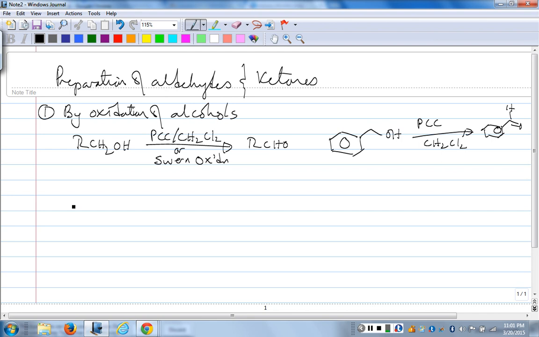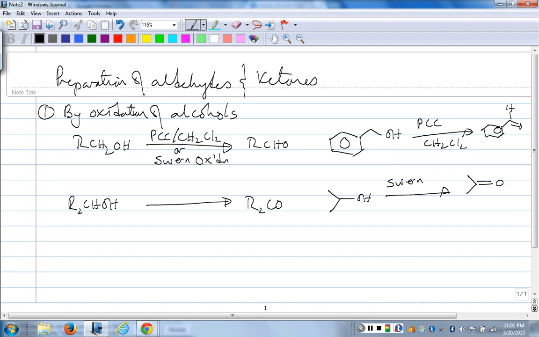On the other hand, I can take a secondary alcohol and treat it with the same reagents, and that's going to give me the ketone. For example, I can take 2-propanol and treat it with Swern reagent, and that's going to give me acetone.